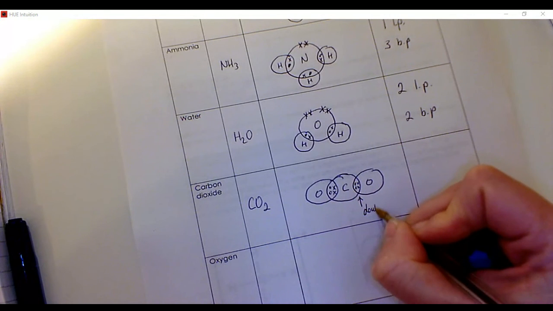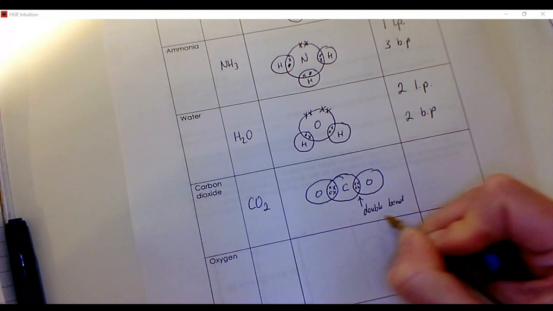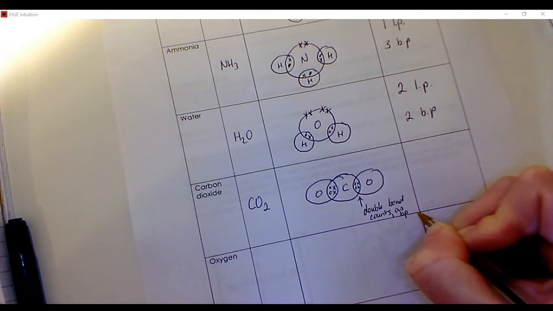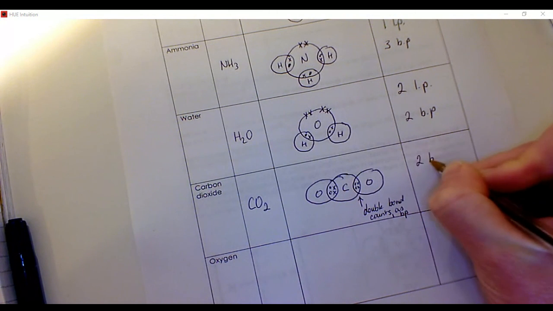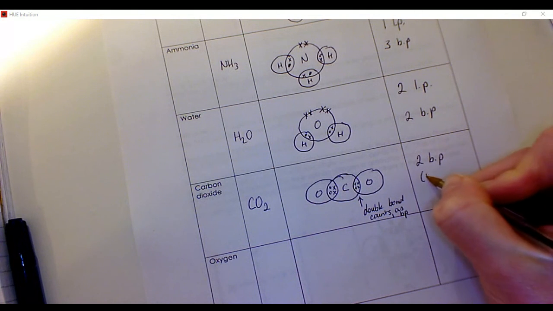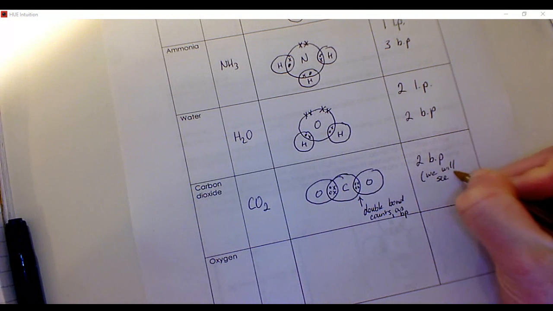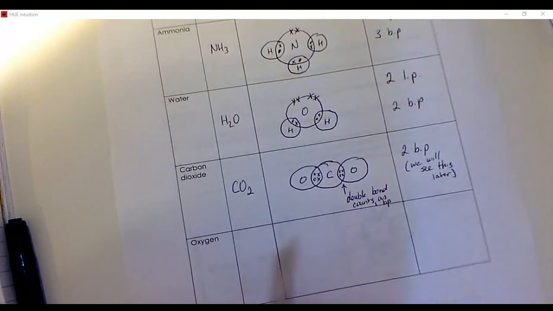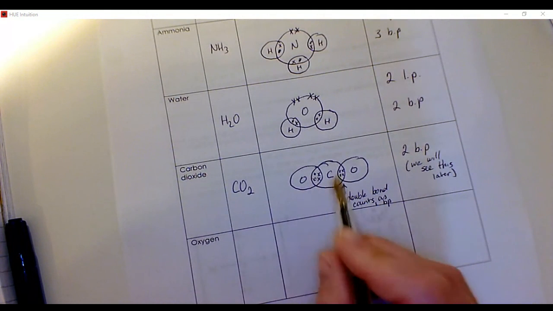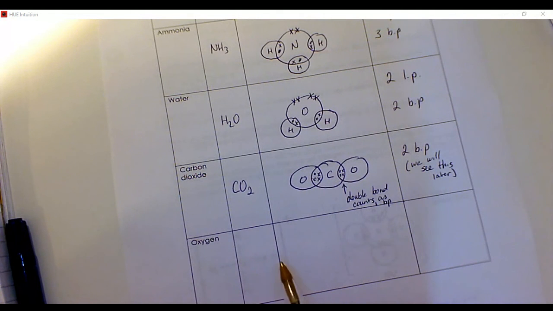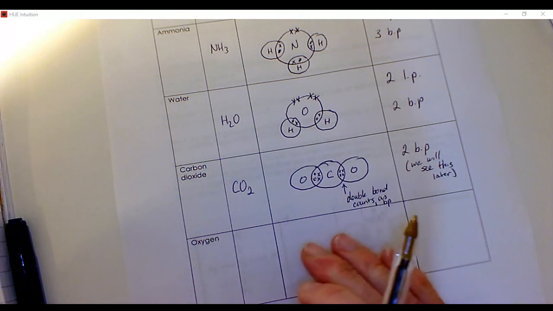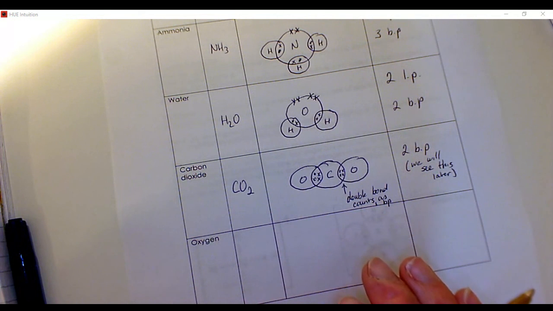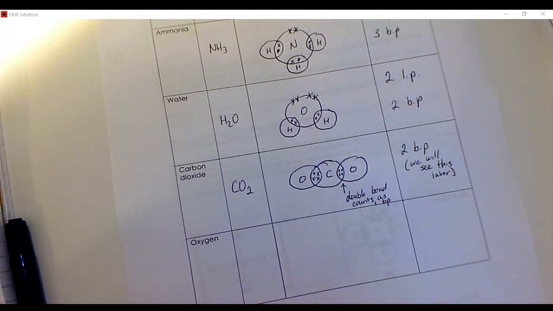A double bond, we'll come back to this again, counts as 1 bonding pair. So it's actually got 2 bonding pairs. We will see this later, so don't worry too much about it for now. I suppose you could say that each connection between atoms counts as 1 bonding pair, and this is all to do with the shapes of molecules. It is a double bond, but for the sake of shapes of molecules, it counts as a bond pair.